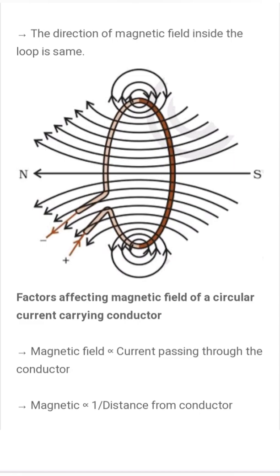You can see the concentric circles, which are the magnetic field. The magnetic field is somewhat parallel at the center of the loop. The direction of the magnetic field inside the loop is the same. When the current is upward, it is anti-clockwise, and downward it is clockwise.